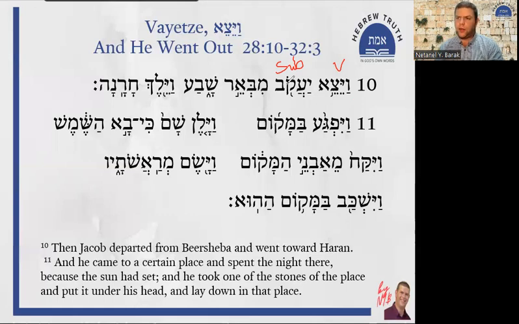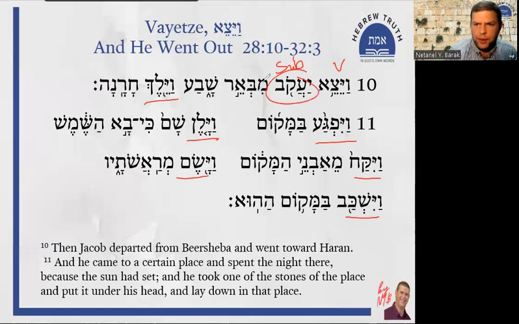Usually, after the subject is mentioned, it doesn't have to be mentioned again. So you can see that vayelech, vayifga, vayalen, vayikach, vayasem, vayishkav are not followed by another mentioning of Jacob. Okay, there is a covert subject. There is an understanding that Jacob is indeed the subject of all of the preceding ones.